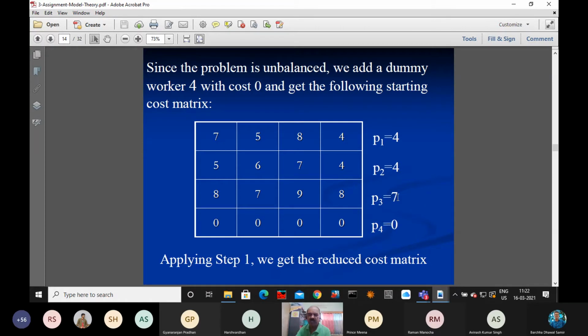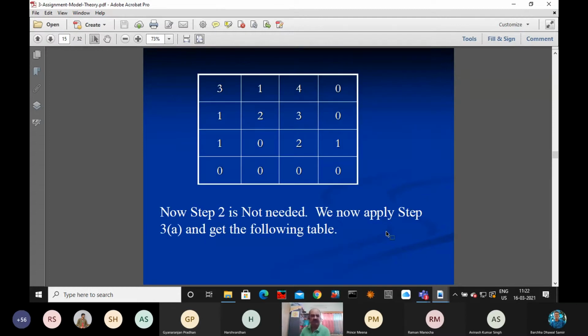Third row, the minimum value is 7. And in the fourth row, nothing is there, so it is 0. So we subtract from the first row elements 4, second row elements 4, third row elements 7, and fourth row elements 0. After that, we get the reduced matrix.